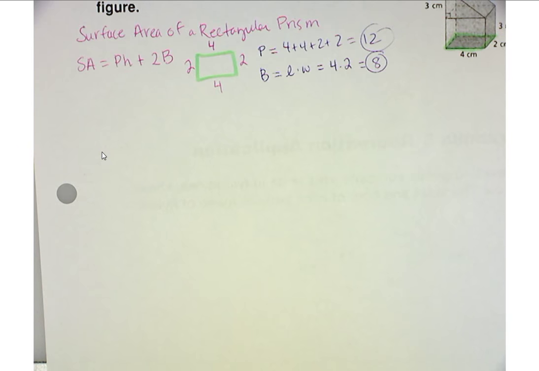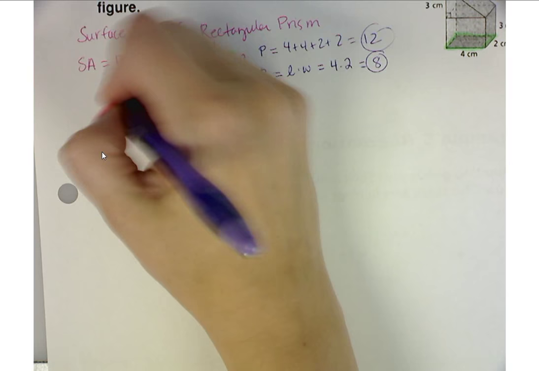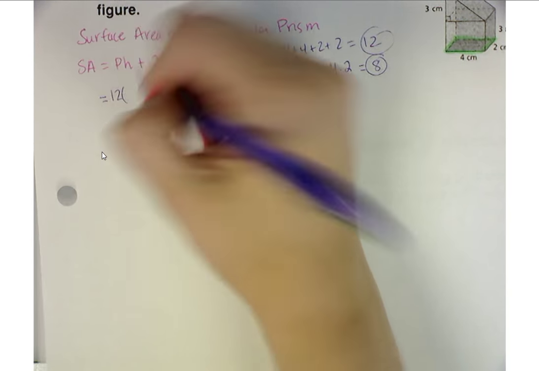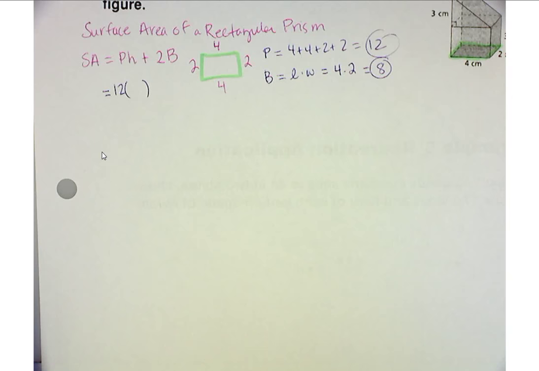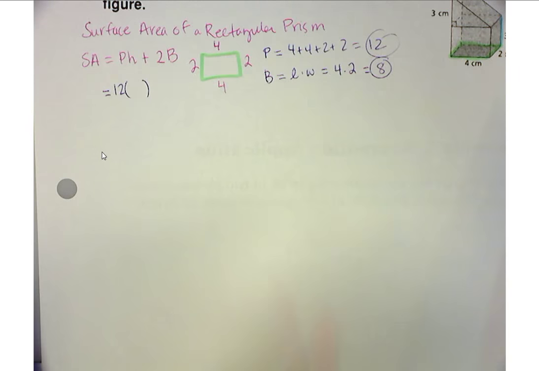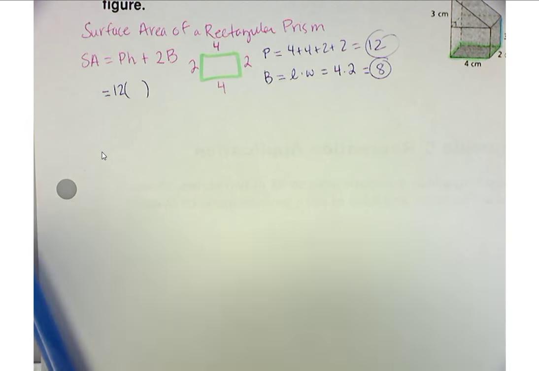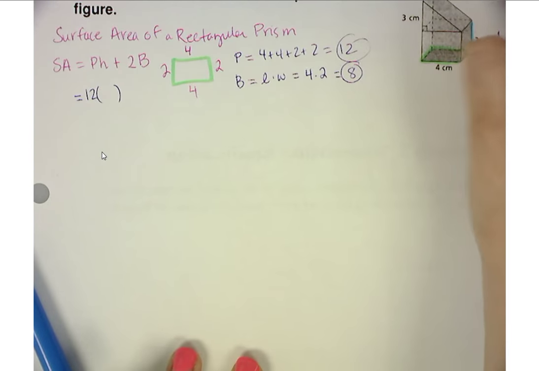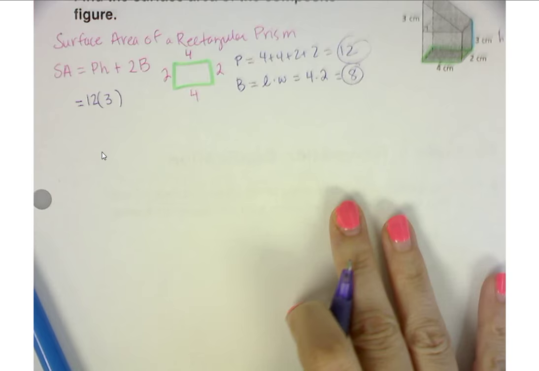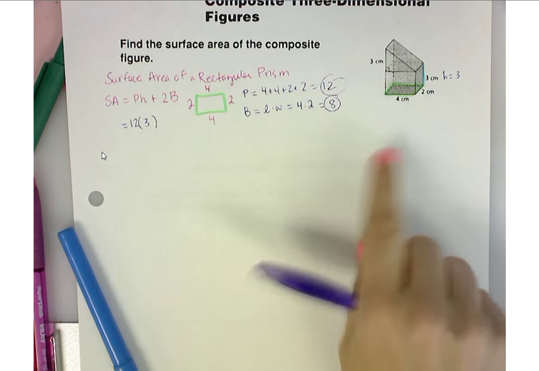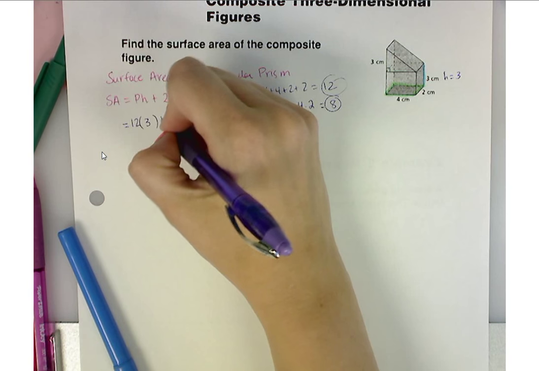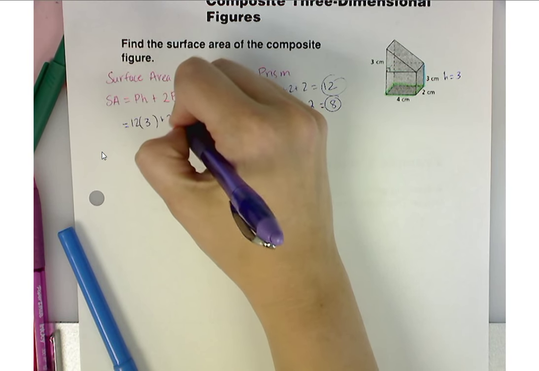So I'm going to substitute in the perimeter, 12. Now the height is given. If we refer back here, you can see the height is going to be 3. So I'm going to substitute in 3 for my height, which is given to you on this side right here. And then 2 times the area, which we found was 8.